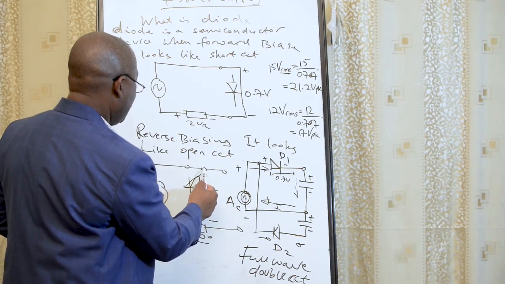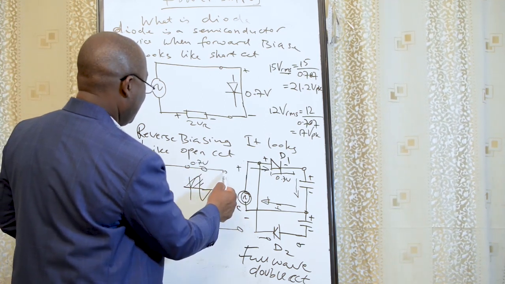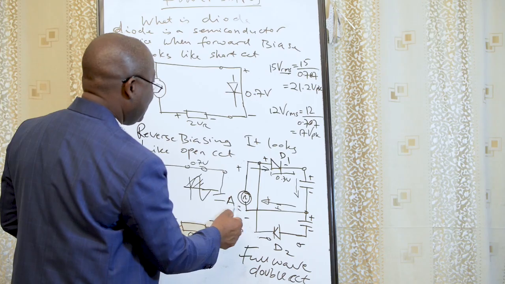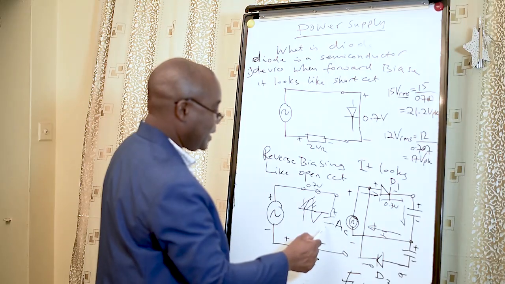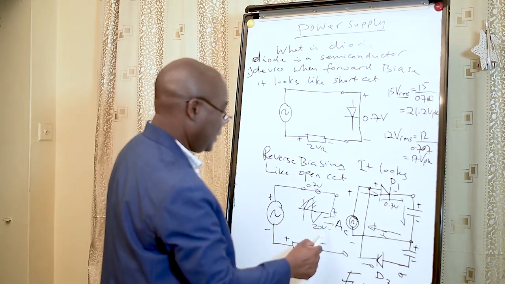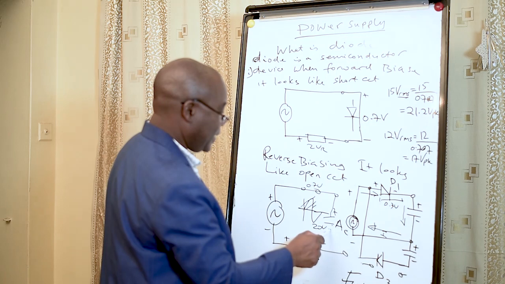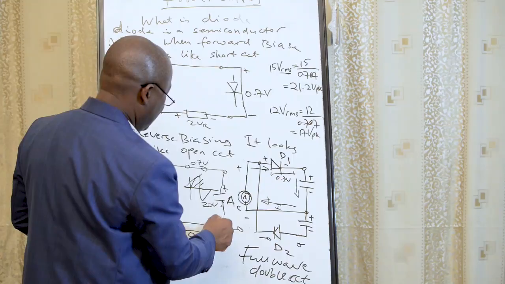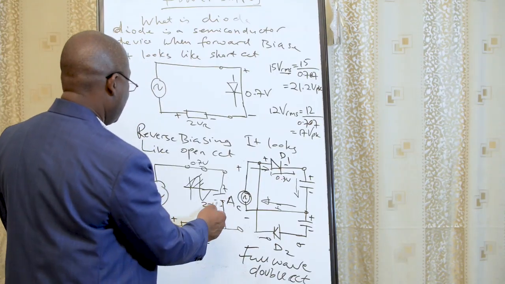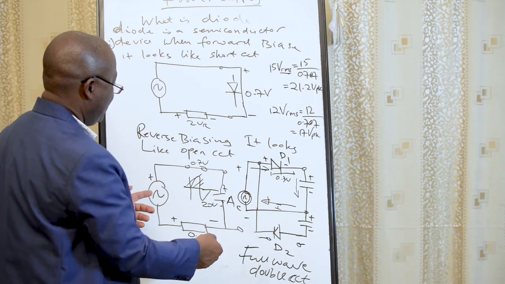This will be a diode short circuit, 0.7 volts. Then we'll have our capacitor here, positive, negative, will charge. Let's say we'll charge up to 20 volts. Then we'll come again here. So this is what our circuit will look like when we are in forward bias.